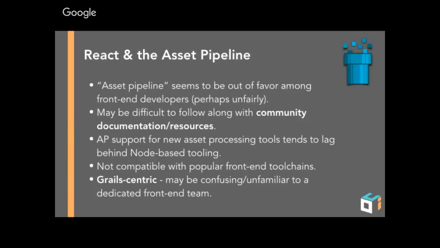I've had some communication with Dave Estes, the author of the asset pipeline, and he would argue that the asset pipeline, as far as performance and other factors, is a better approach than Webpack, but I'll let others have that debate.